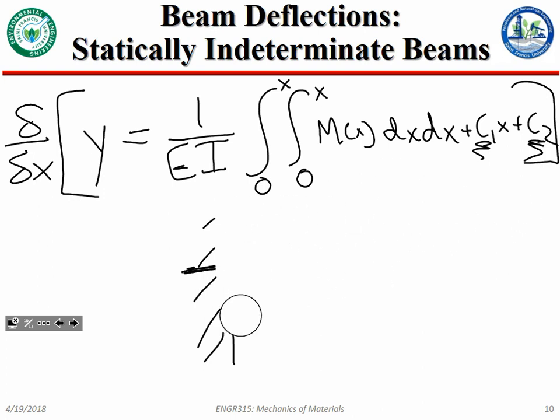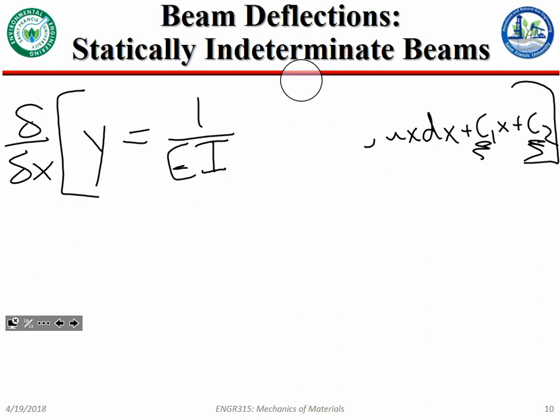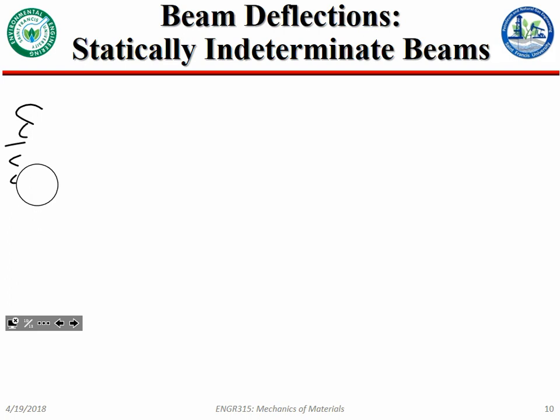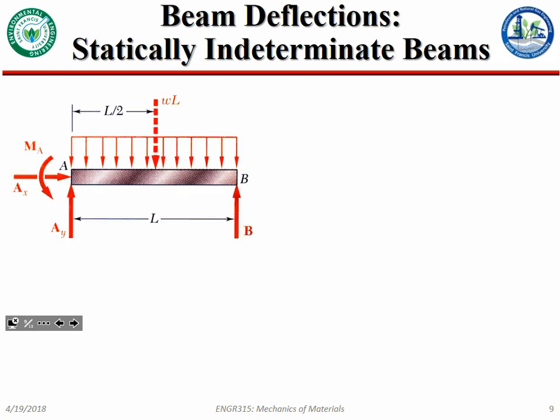So what about something like this? And let's ignore that guy for a second, because I don't want to complicate this. So we have two unknown reaction forces. Say this is the free body diagram that this came from, would be something like this.